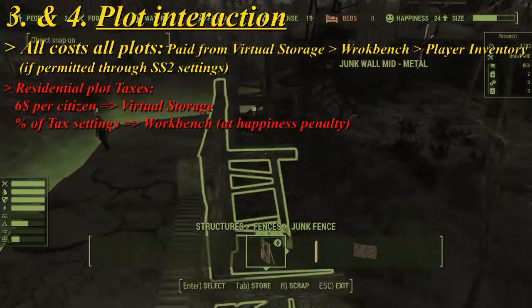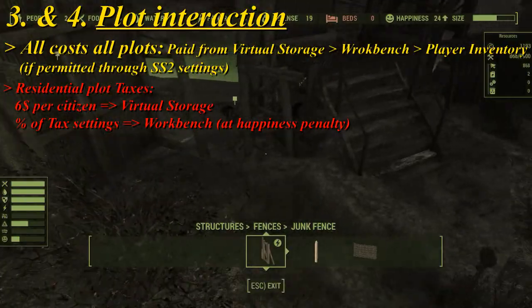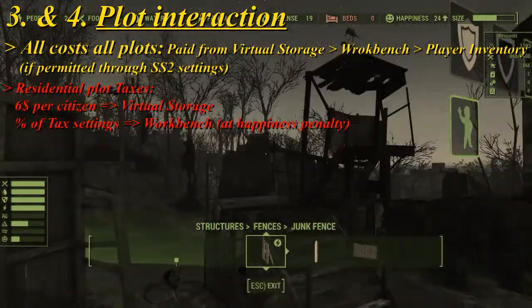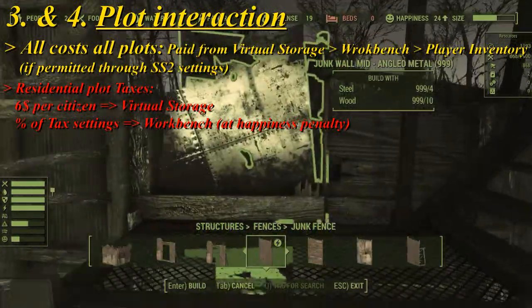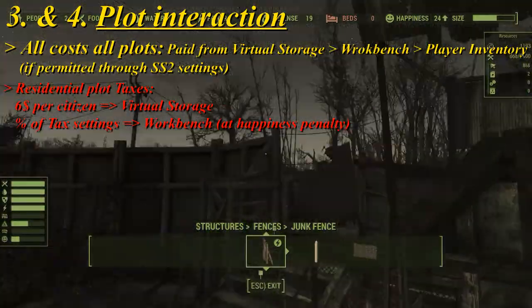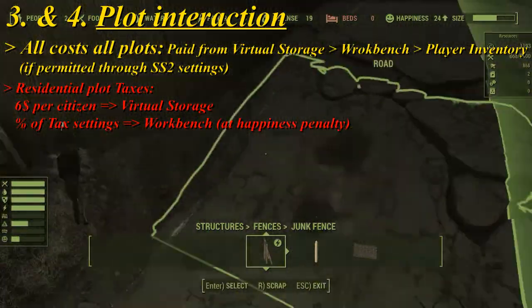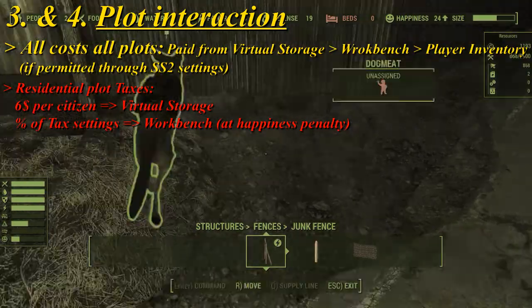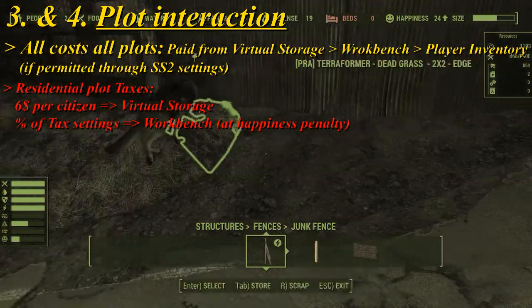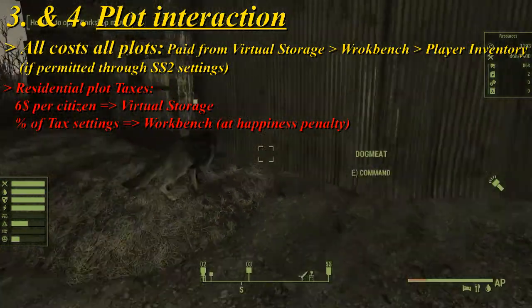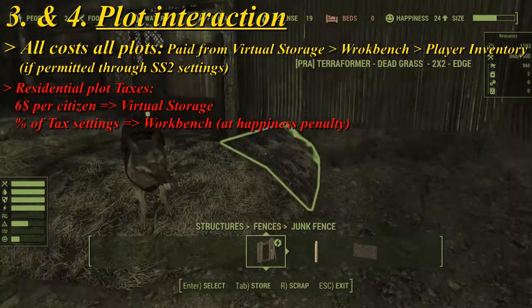So in other words, if your tax rate is 50%, then the occupant of a bed will pay 6 caps into your virtual storage and 3 caps into your workbench. And the caps in your workbench you can access, so it does make you richer.